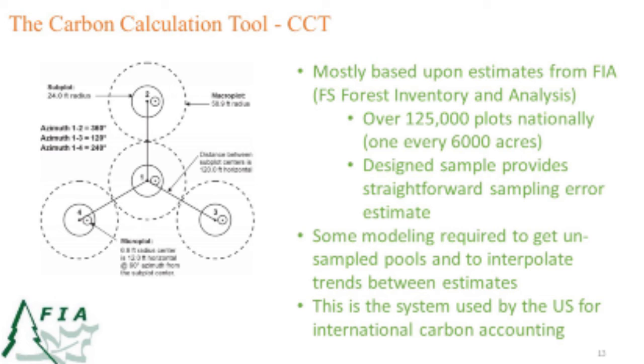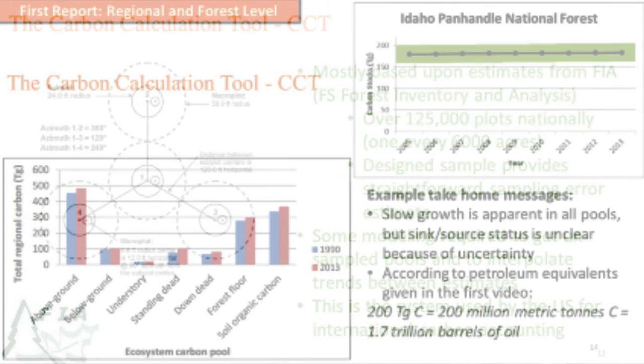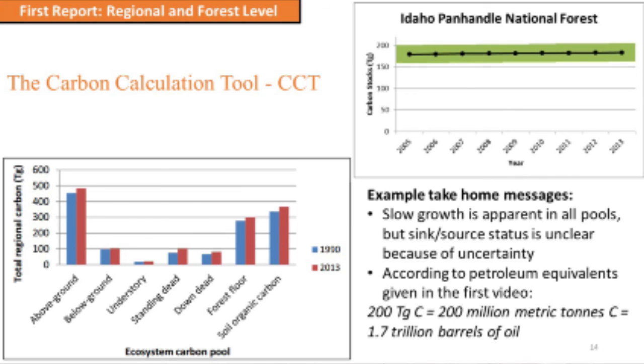And there's also some interpolation that happens between FIA's periodic visits to every plot. And as I said, this is what the country uses to report its carbon. So it's been applied to the National Forest System, and it gives us some really good information. It breaks down how much carbon each national forest is storing into the different components of the ecosystem.